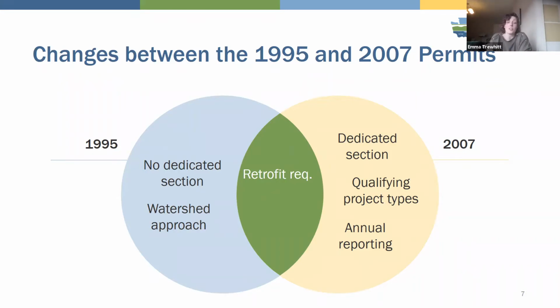In addition, we outlined some basic qualifying project types to be a little more specific, and clarified that projects should be documented in their annual reports. This diagram shows out with the old and in with the new, with the center being the fact that retrofit requirements were still required in both permits.